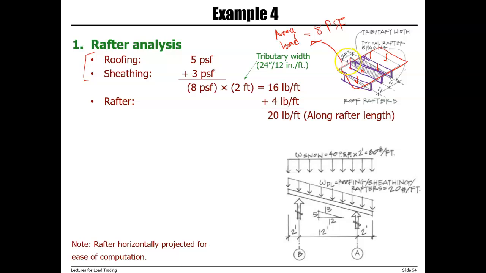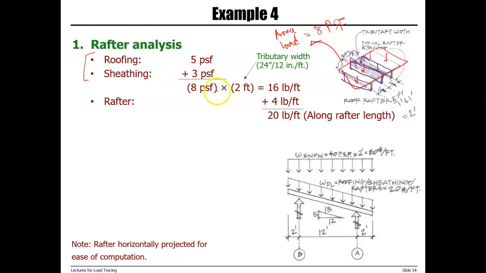And each rafter has 2 adjacent members. So half of the distance on the right side and half of the distance on the left side is 1 foot plus 1 foot, which gives us a tributary width of 2 feet. So for each individual rafter, we have a tributary width of load of 2 feet.